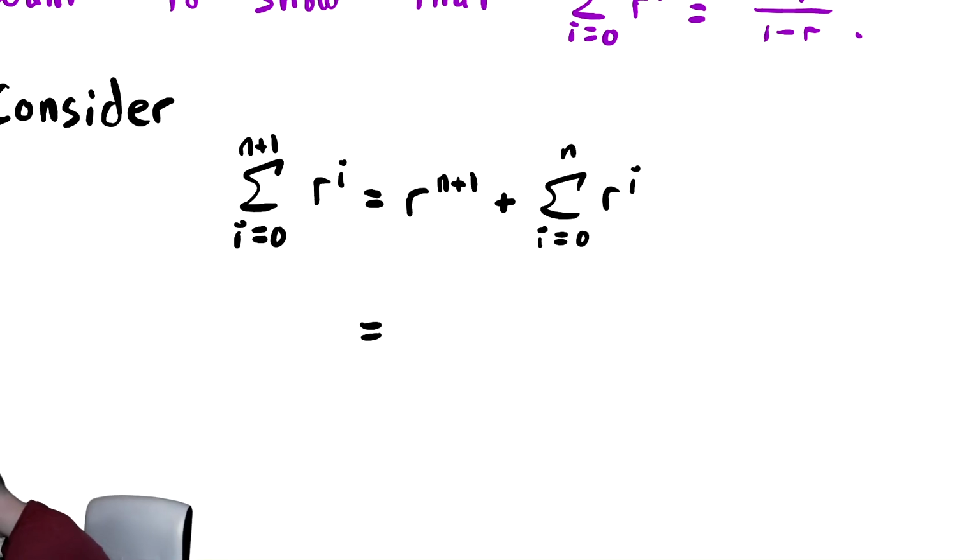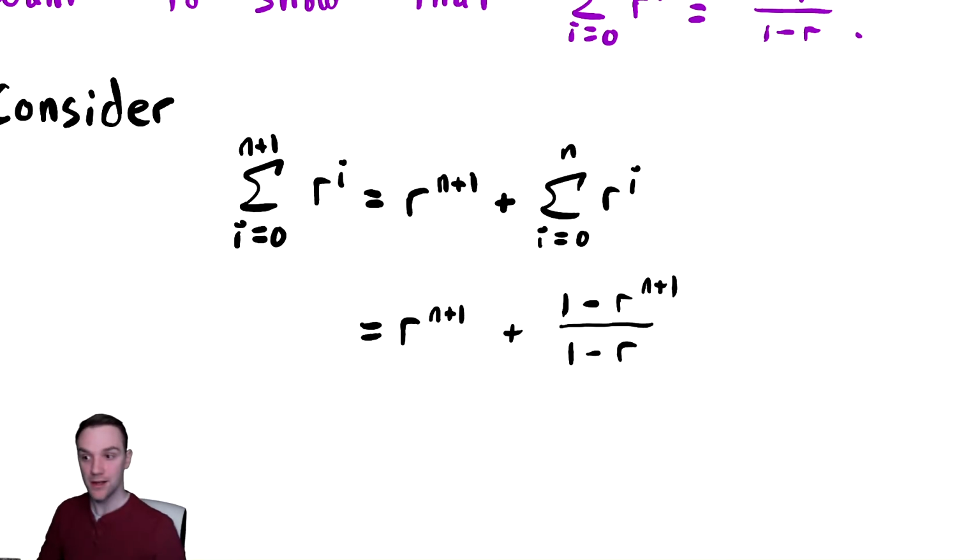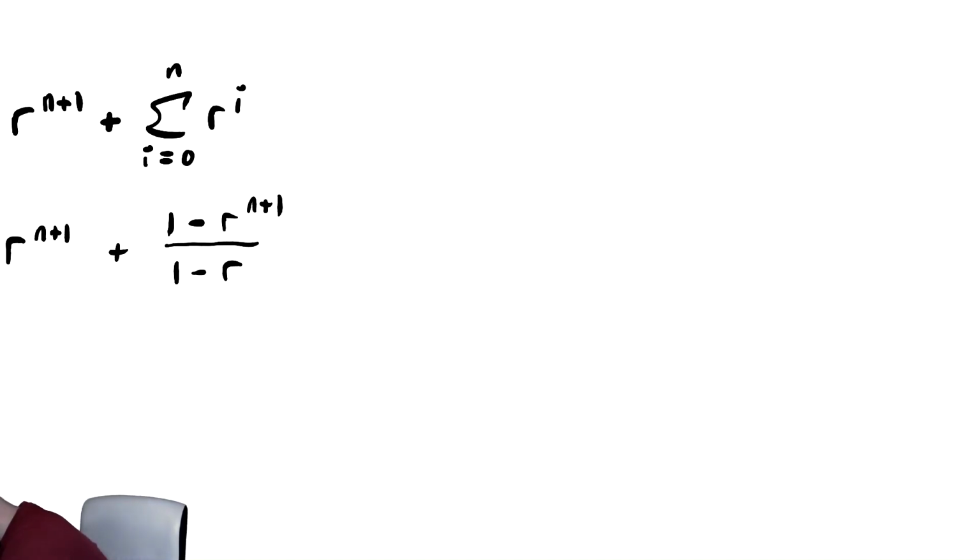We then use our inductive hypothesis, so this is r to the n plus 1 plus 1 minus r to the n plus 1 divided by 1 minus r. That's using our formula. This is by inductive hypothesis.